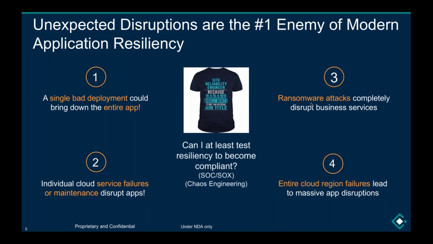So in those cases, you will have to at least test that application resiliency, application reliability once in a while, and make sure that those tests are proper, and so on. So, the question is, can I at least test the resiliency to become compliant, right? You have to have compliance for many reasons, including SOC compliance or SOX compliance or ISO compliance, depending on the country that we are talking about.